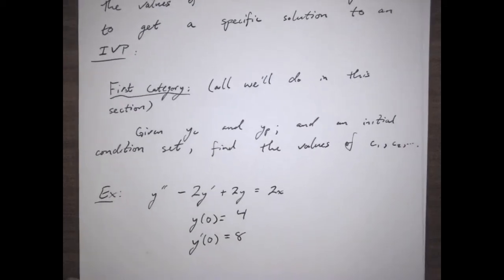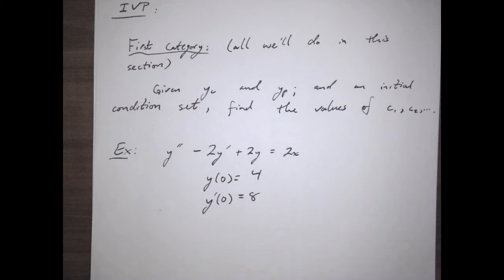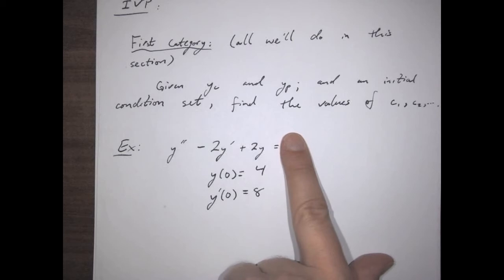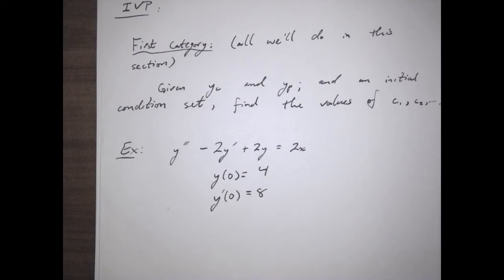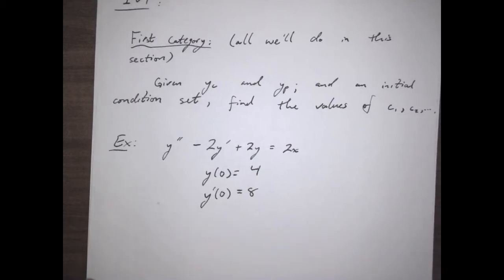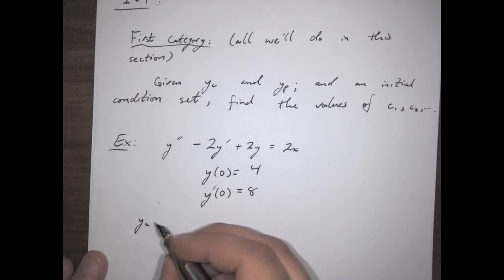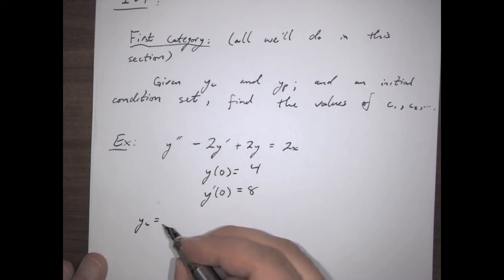Now, it would be, from last section, within our ability to find actually the complementary solution here, the solution to the homogeneous equation we'd get if that were 0. That would be within our grasp because it's only order 2 and we know what we have to do. We would not, however, be in a position to say anything about yp at this point. But right now, we're going to set our sights low and we're just going to be given the complementary solution and the particular solution that we're going to be using.